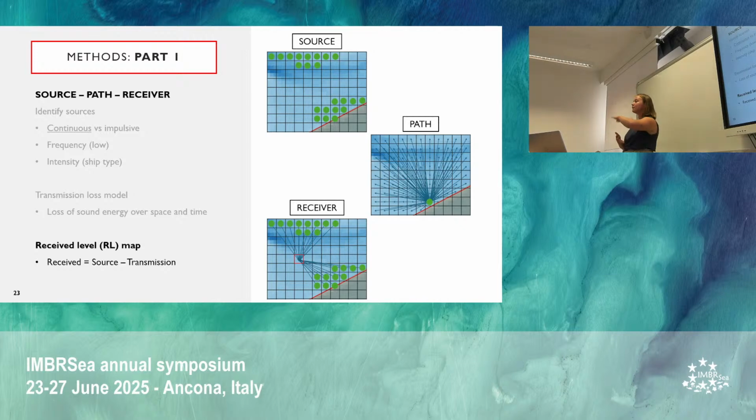As I said, I identified all of the source grid cells. I calculated the path between a source and a receiver grid cell, and I calculated the transmission loss of sound along that path. And then if we were to put ourselves in the perspective of a given receiver grid cell, I then calculated the cumulative received level from all of the possible source cells within the studied area.